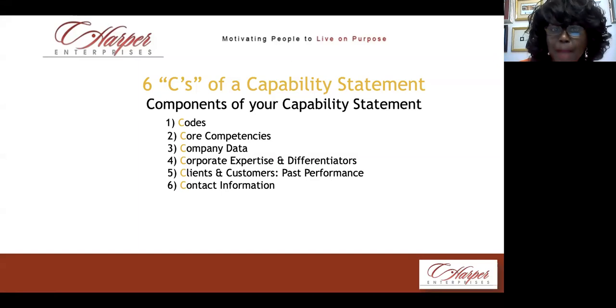The third one is your company data. For your company data, you only have a short window to list it. So the things that are important and relevant must be listed, as well as the corporate expertise and differentiators. What are the things that differentiate you? What are you an expert in?